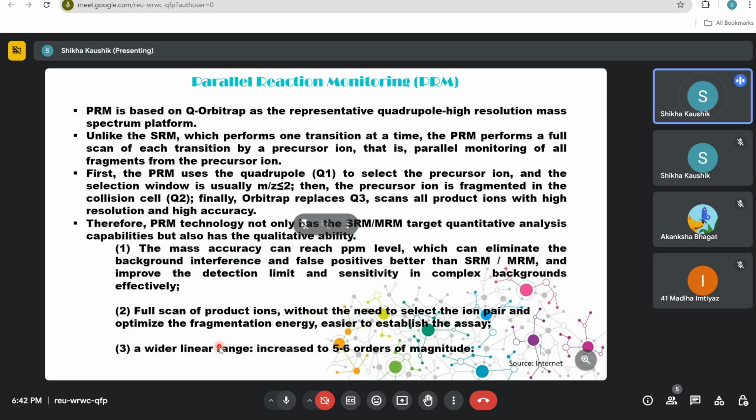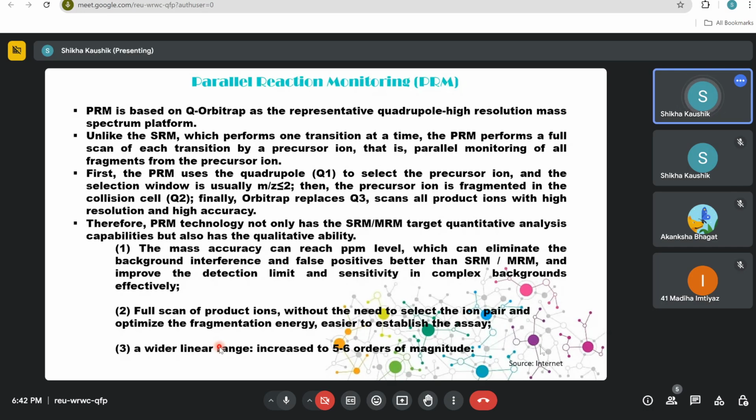Then PRM is based on the Q Orbitrap as the representative quadrupole high resolution mass spectrometry platform. Unlike SRM, which performs one transition at a time, PRM performs a full scan of each transition of a precursor ion, that is, parallel monitoring of all the fragments from the precursor ion.